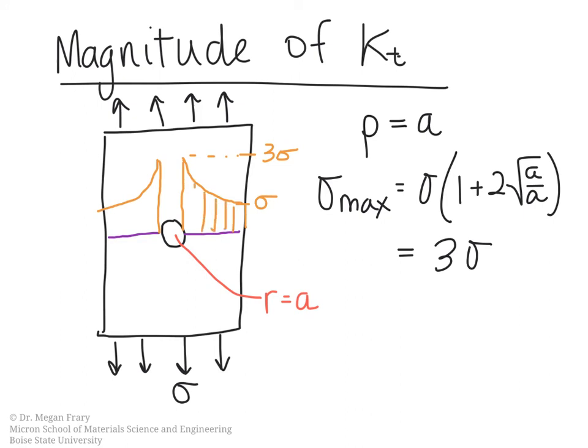I should point out, this is really the best case scenario. This is the largest that the radius of curvature could be. Any other case will make this term higher here. So this is the best case scenario.